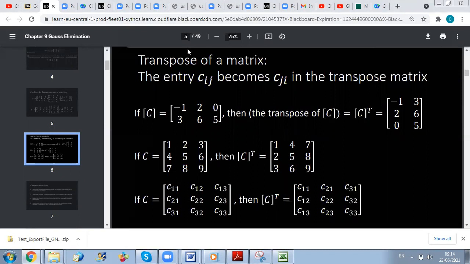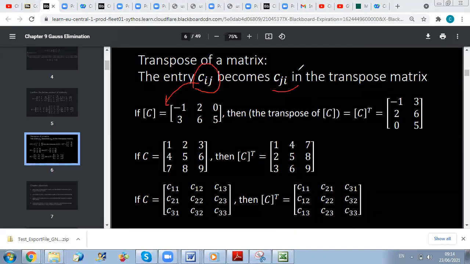So any element Cij in matrix C will become Cji in the transpose of C. For example, here the row minus 2 0 is now the column minus 1 2 0. The row 3 6 5 is now the second column 3 6 5.